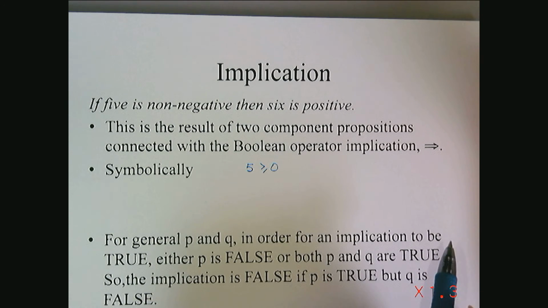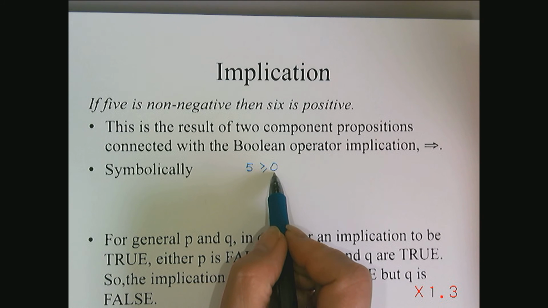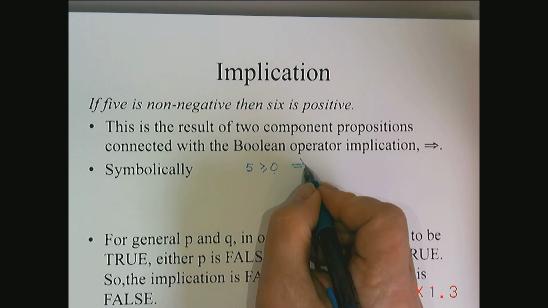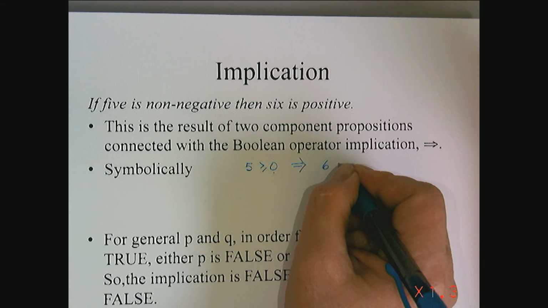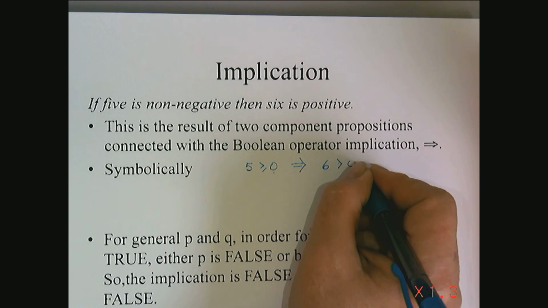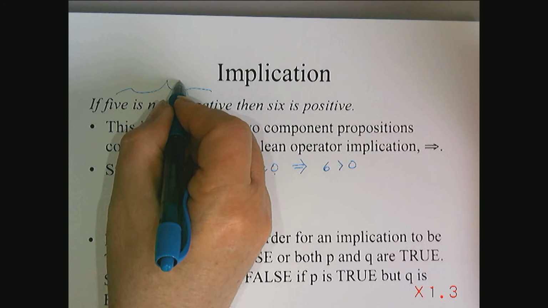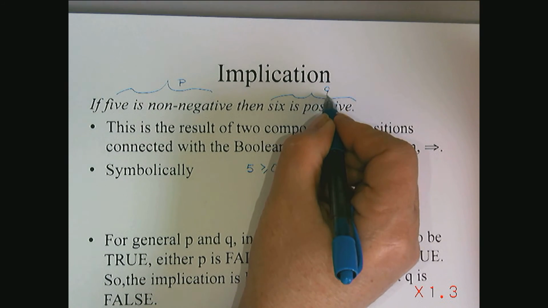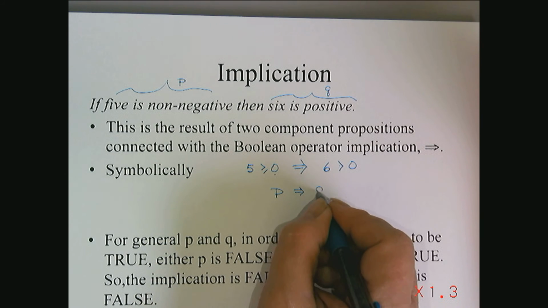Non-negative means not negative, which means greater than or equal to 0, because it could be 0. Implies that 6 is positive, is greater than 0. And again, if this is P and this is Q, then I could write this as P implies Q.